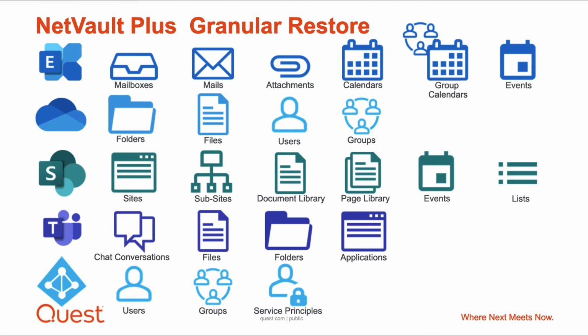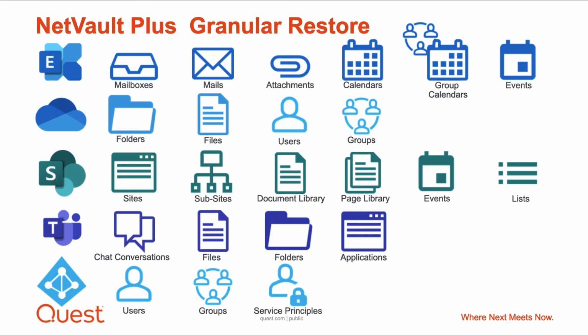And then on top of that, we also have an Elasticsearch technology with NetVault. So you can search across all of this content. You can search for things like in mail, the sender and recipient of the title. You can search for file names and folder names and users. So documents as well.